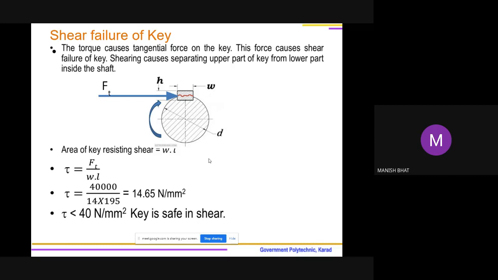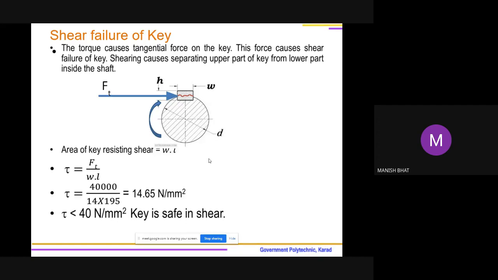Considering the coupling is locked, stationary, unable to move, and the shaft is rotating, what will happen? The portion of the key inside the shaft will be rotated with the shaft. That means, as shown in the figure, there will be a shearing action, a cutting action taking place.